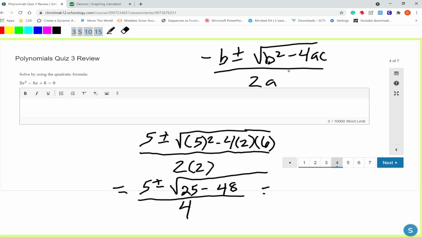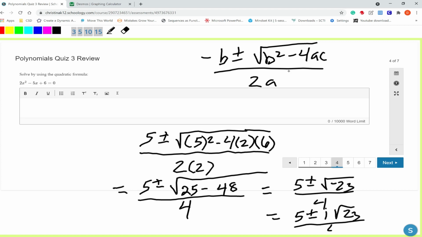So just continue simplifying. 25 minus 48 would be negative 23. So 5 plus or minus square root negative 23 all over 4. Remember, when we have that negative, it's going to have i, so it's 5 plus or minus i root 23, all that over 4.